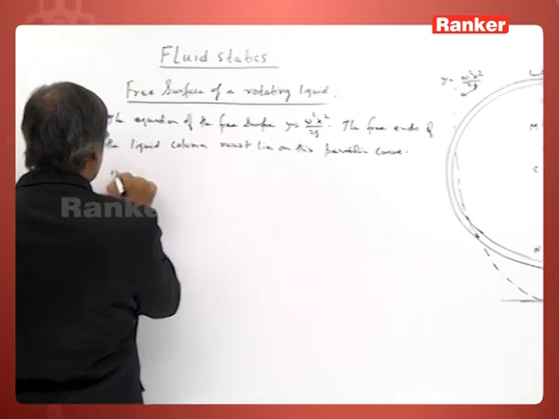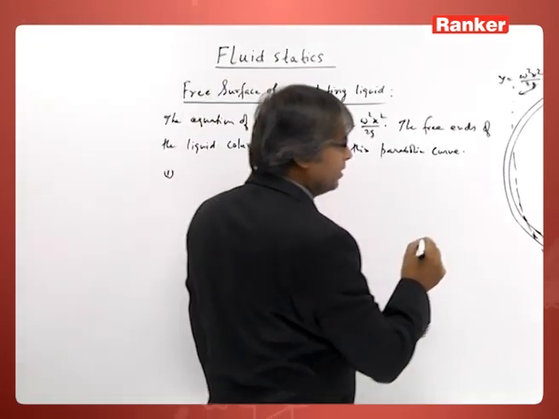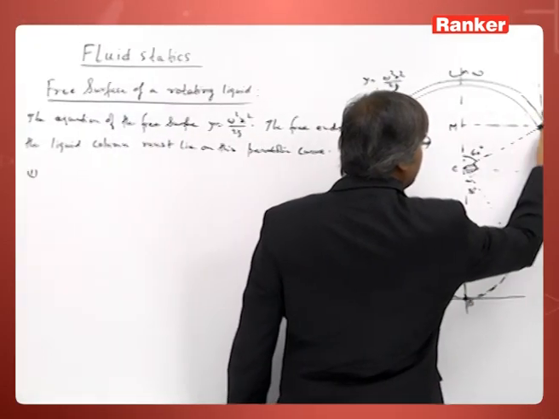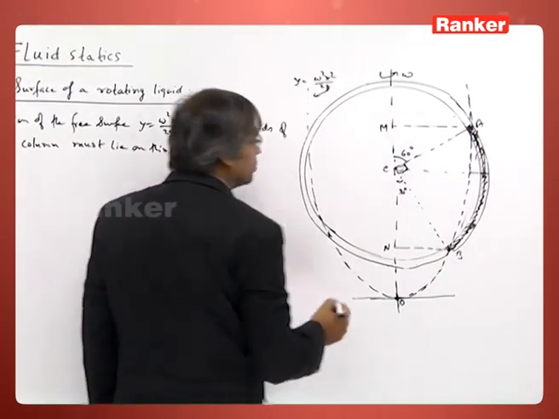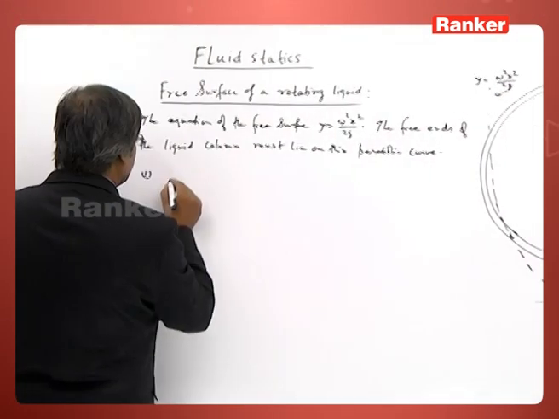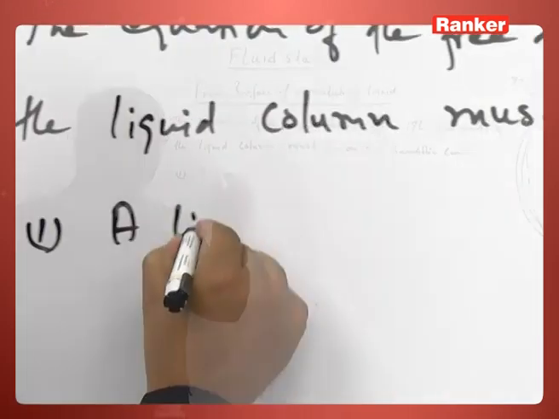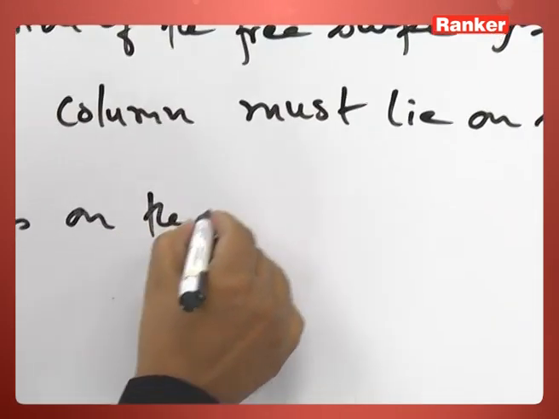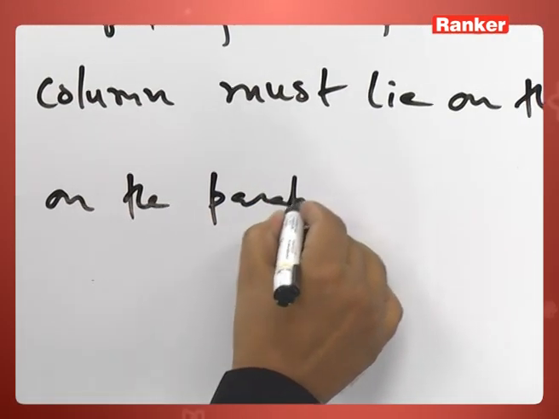So, number 1 point, let us see, this is AB. A lies on the parabola free surface.